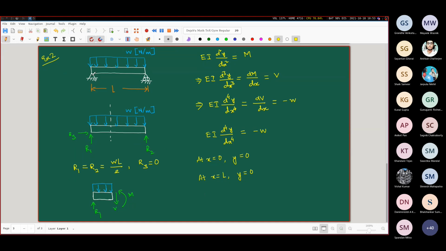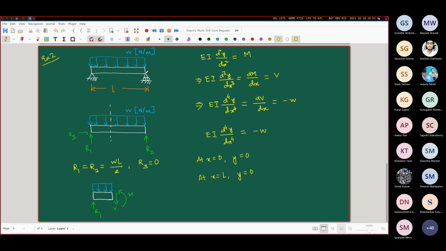At both x equal to 0 as well as x equal to L, you please understand that these are pinned supports. This is referred to as a simply supported beam, but as far as the reaction supports are concerned, this is a pinned support, with wheels at the bottom.